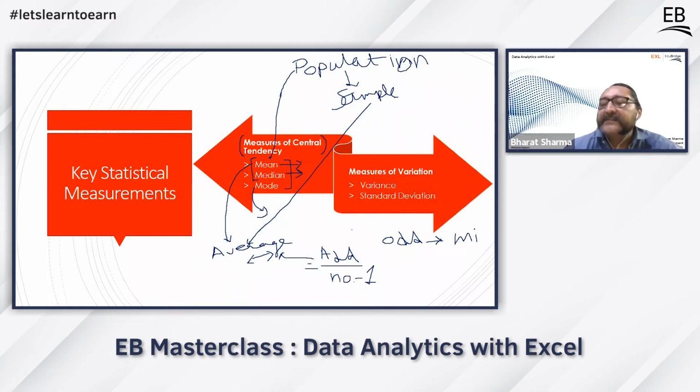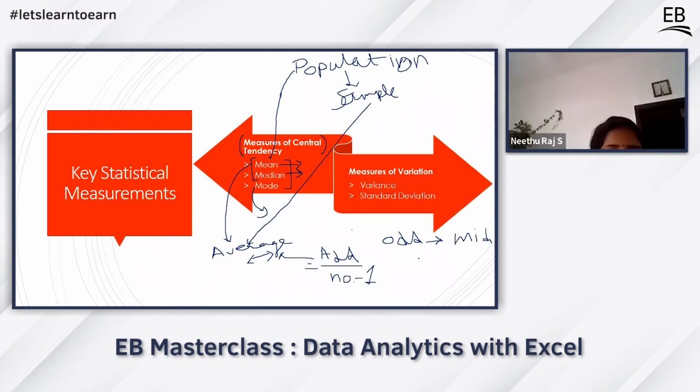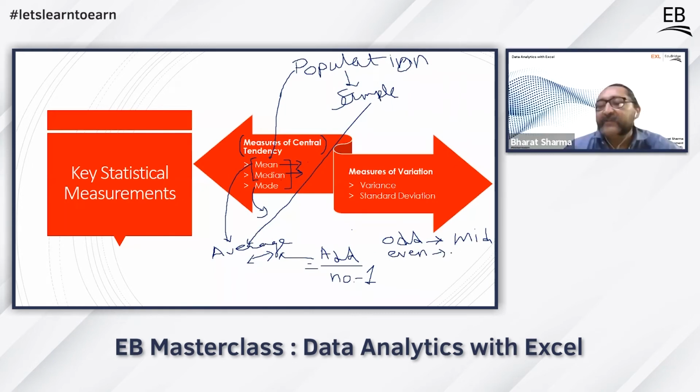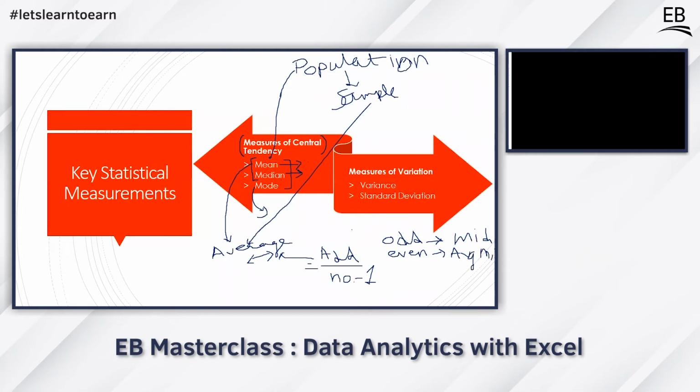But if it is even, then it is the average of the middle two points. Average of the midpoints. Fantastic.